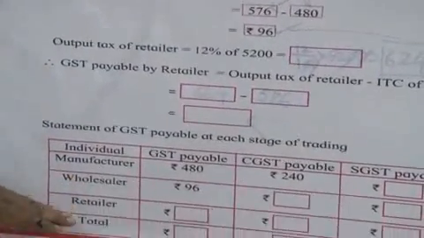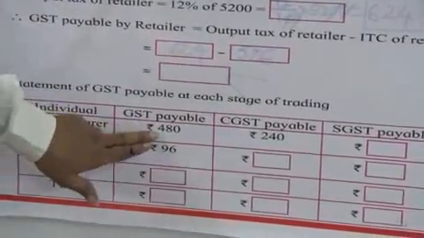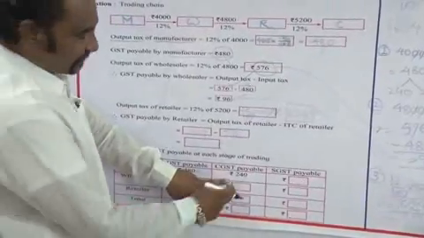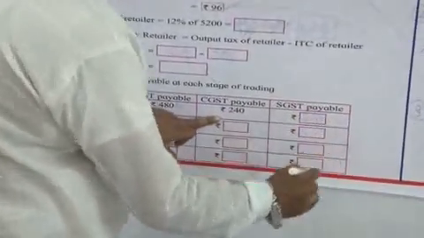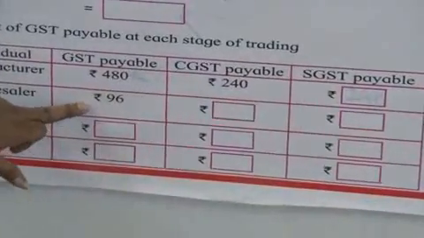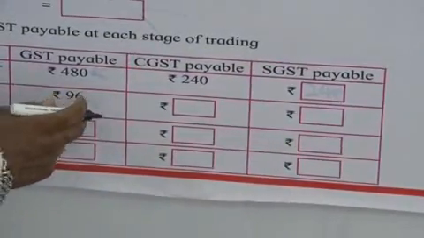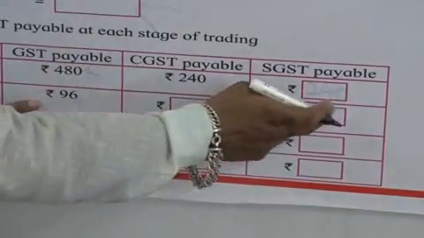Now these are the bifurcations of GST. Manufacturer, this one, 240 CGST and 240 SGST. Now 96, this difference, again each half goes to CGST and SGST.